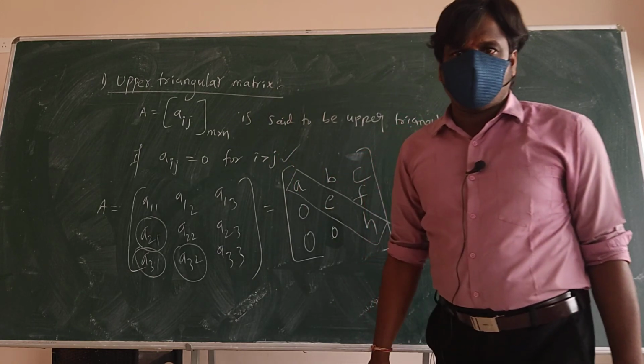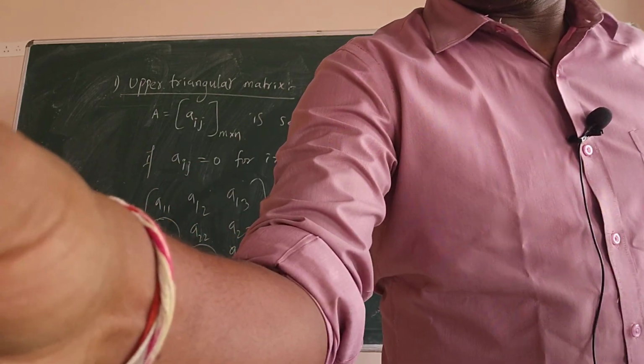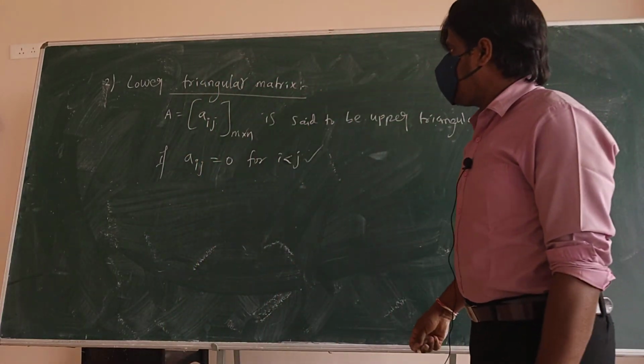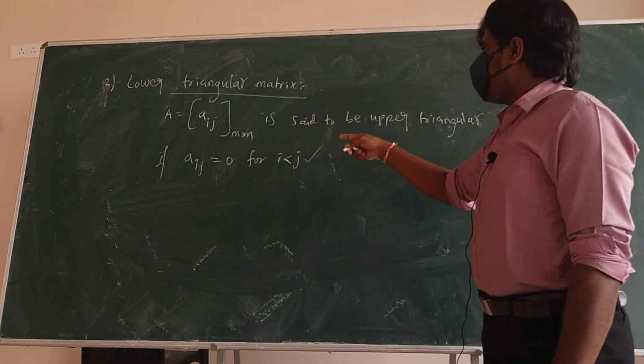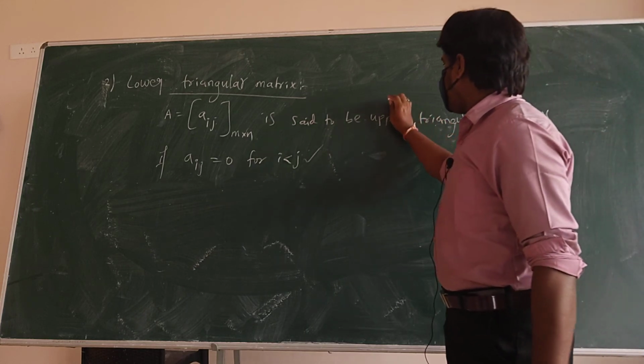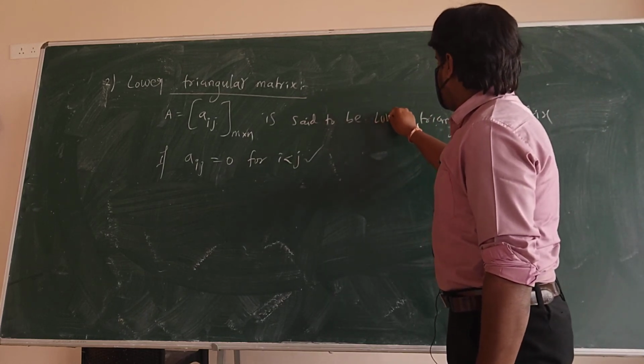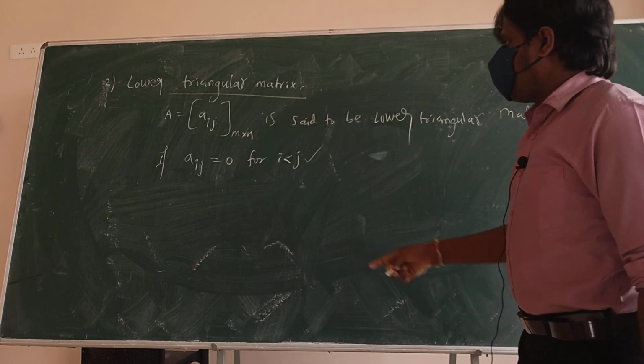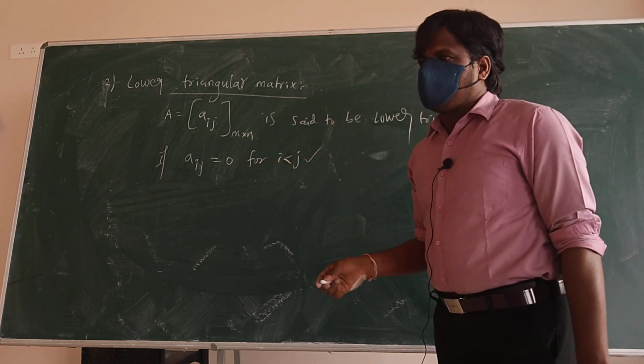Is it clear? See, what is a lower triangular matrix? A equal to Aij, of order M by N, is said to be a lower triangular matrix if Aij is equal to 0 when i is less than j.